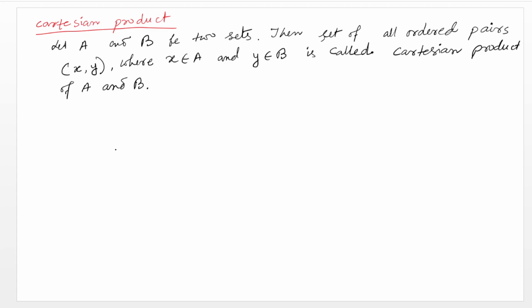For example, formally we can define it in that way: (x, y) is the ordered pair such that x belongs to A and y belongs to B. Now we'll give an example.